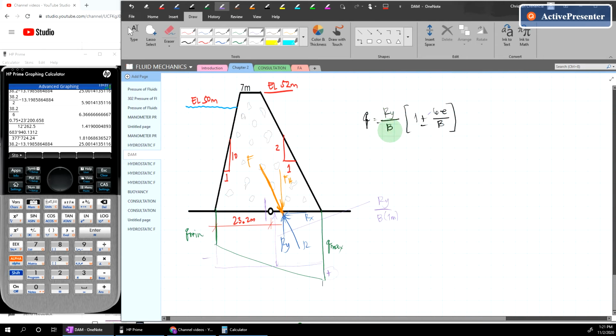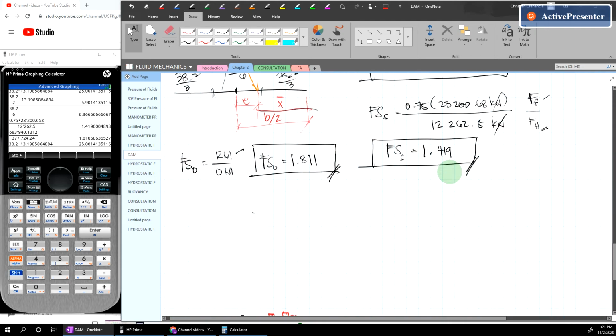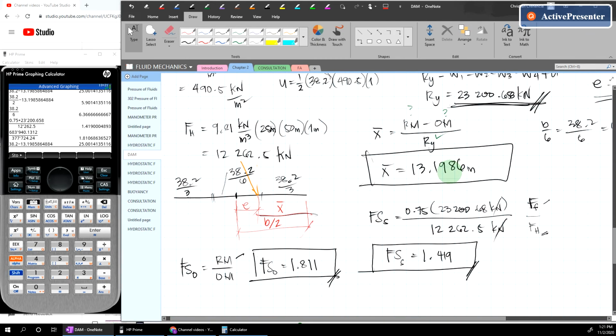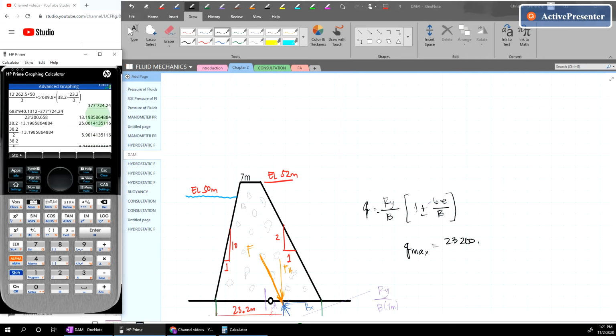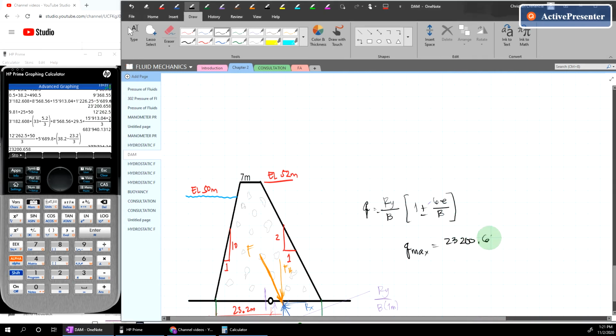over B. Okay? So, solving for Q max, maximum soil pressure, Ry is, ano yung value ng R natin doon? 23,200.658 kilonewton. Then over, B natin is 38.2 meter by, so meron tayong 1 meter strip. Okay.